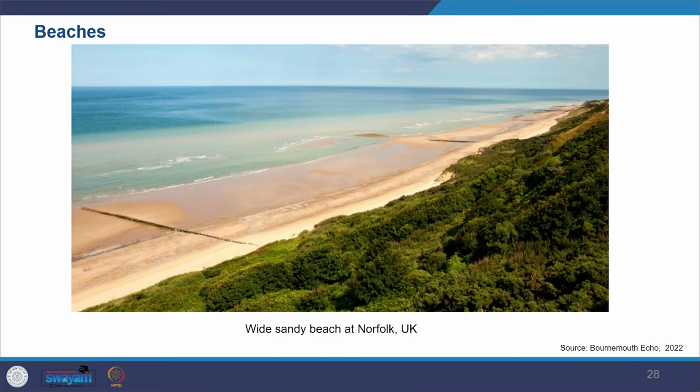A beach is able to maintain itself in a state of dynamic equilibrium with its environment due to the mobility of its sediment. Sediment is constantly moving, so that's why it's able to maintain the dynamic equilibrium.